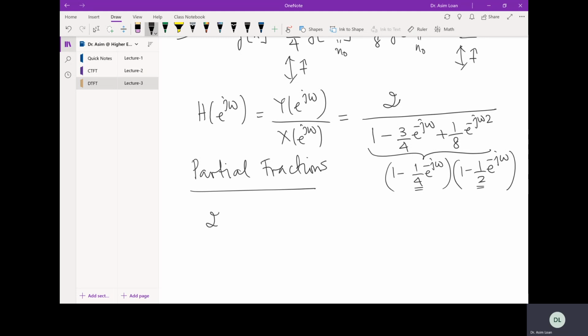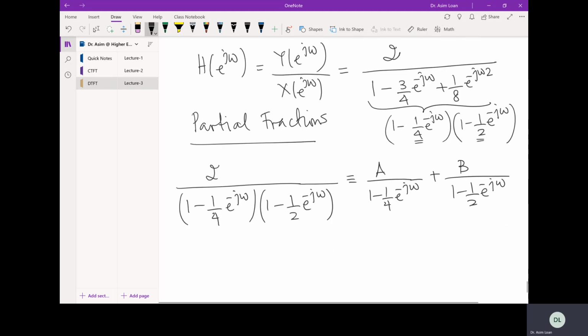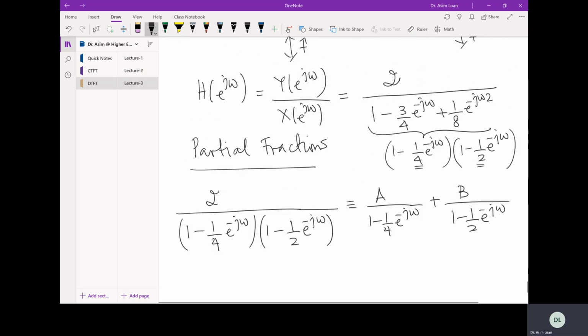So 2 over (1 minus 1/4 e^{-j omega})(1 minus 1/2 e^{-j omega}) equals A over (1 minus 1/4 e^{-j omega}) plus B over (1 minus 1/2 e^{-j omega}).